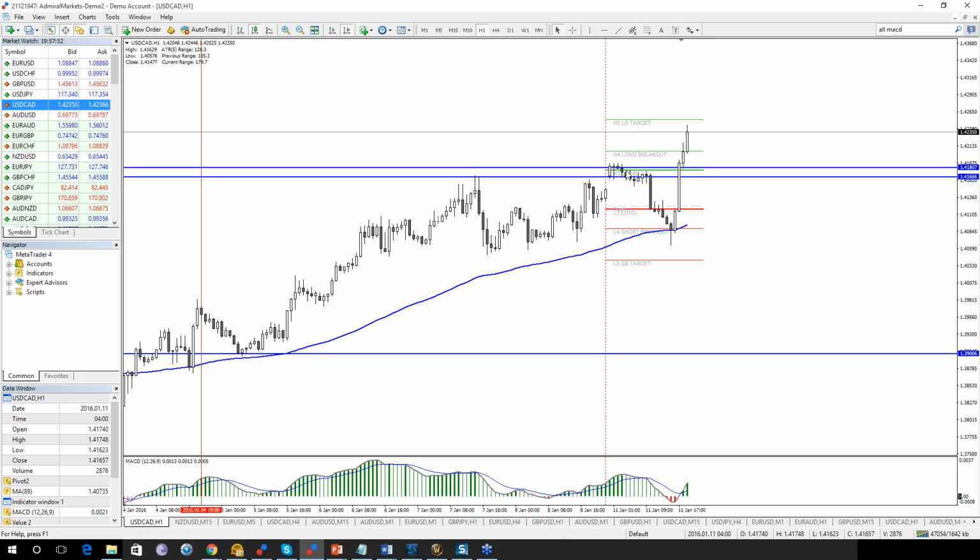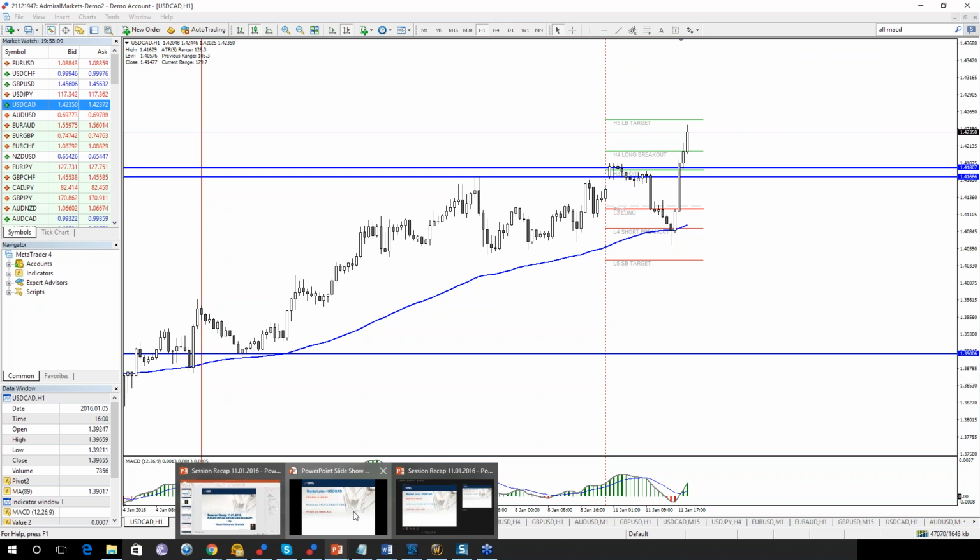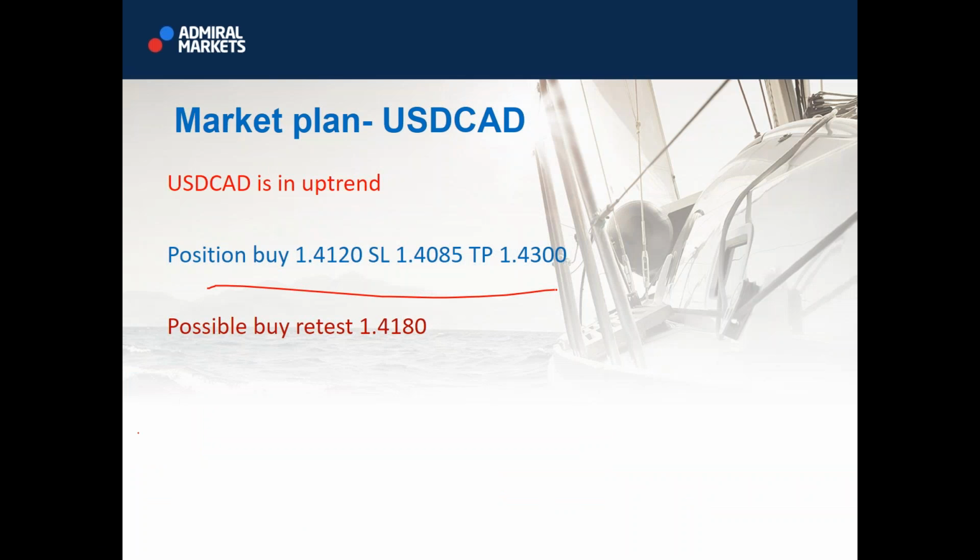Look at this. Sellers again. And strong buying from these levels. So pay attention to possible retest and long here. Possibly. And also, this could be a better position maybe. 41.20.